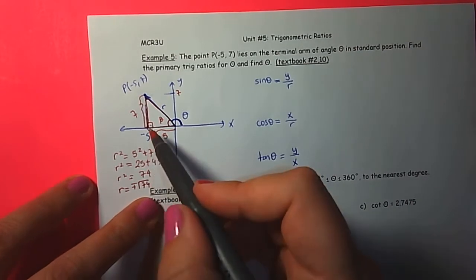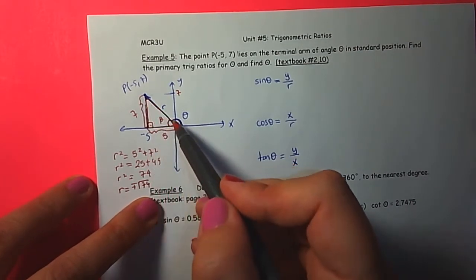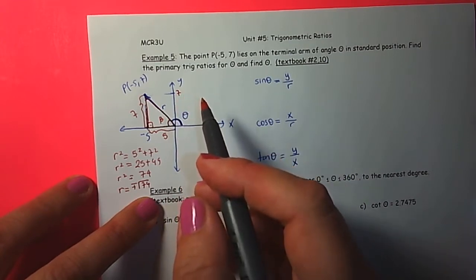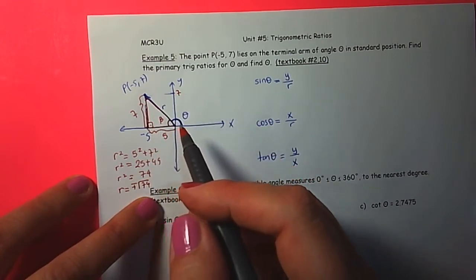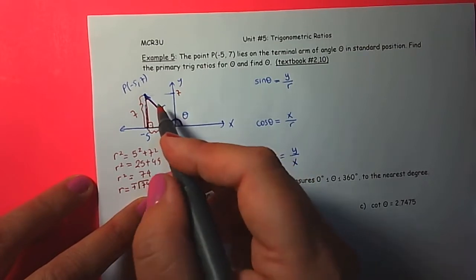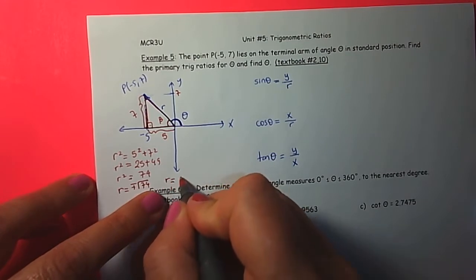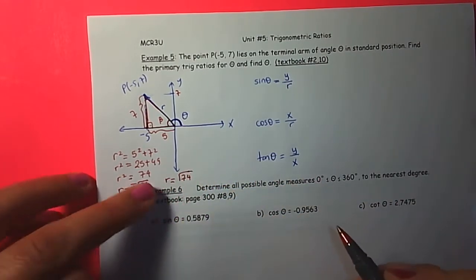However, let's remember this hypotenuse is also the radius of the circle that is created by the rotating arm. Therefore r is always positive, so we only pick the positive value, square root of 74.